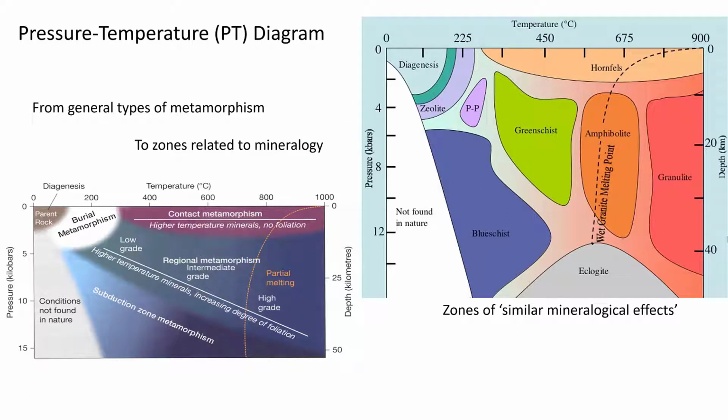For example, you can see in the very low pressure but high temperature zone we have hornfels, which corresponds to the zone of contact metamorphism.